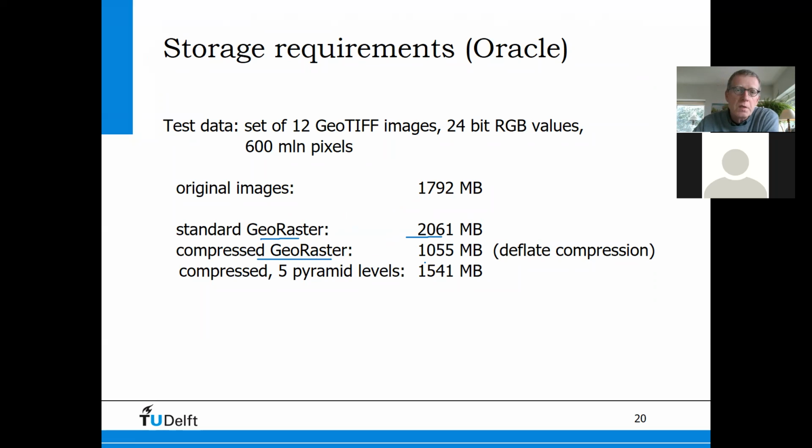So it is reasonable. It's not impressive for compression, but it's reasonable. And when you then add 5 layers, so in addition to the bottom layer, add 4 layers on top of it, then the total size is 1.5 gigabytes, which is still smaller than the original TIFF files.